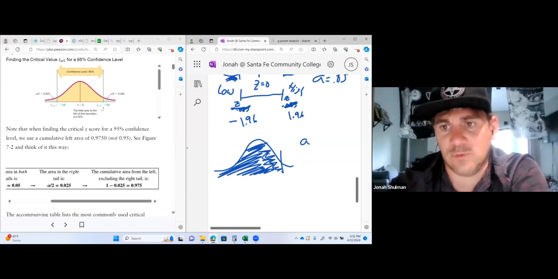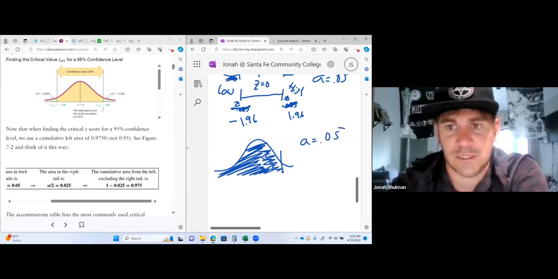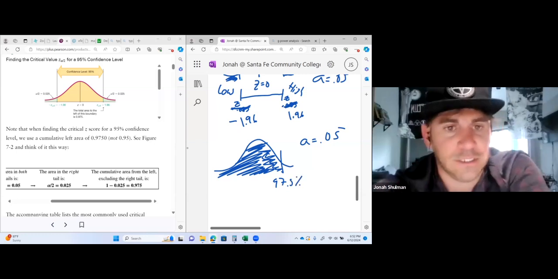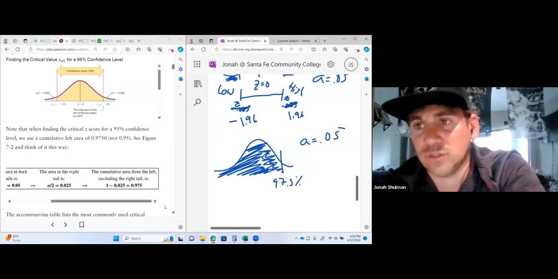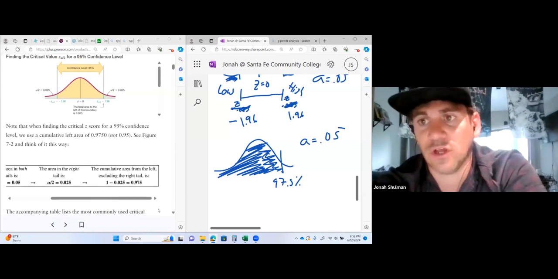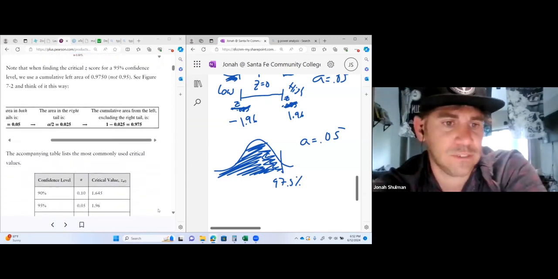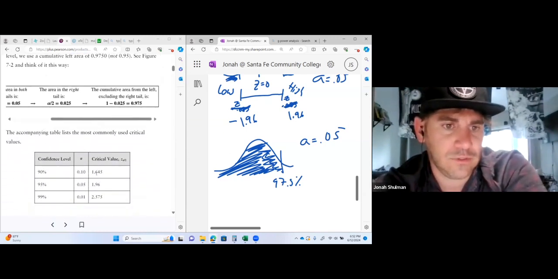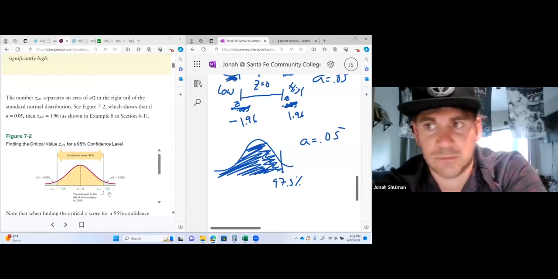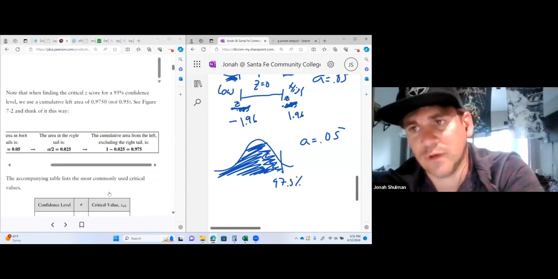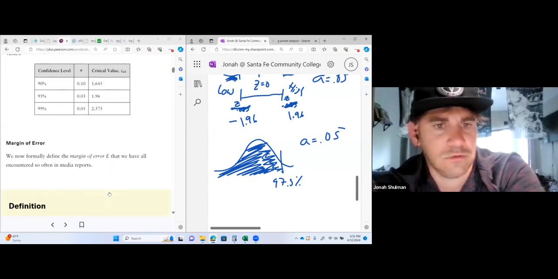With an alpha level of 0.05, we can be what? 97.5% sure it's not due to chance. I keep saying due to chance, because we never know. We'll see more about that in hypothesis testing. So there's the 1.645, the 1.96, and here's the 2.575. That's what your z values are going to be. That's what these little numbers are. If you forgot how to do the z values, just watch the previous video.